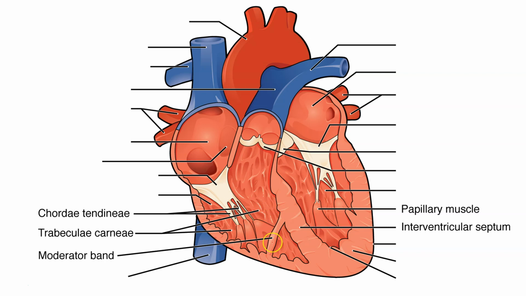There's also this little band in the right ventricle called the moderator band, and that's going to help keep the right ventricle somewhat closed as blood pools into here. You know, the right side of the heart receives all of the venous blood from the body, so that's a lot of blood coming in. And in order to keep that from distending the chamber, this band kind of helps. But it also has another sneaky purpose.